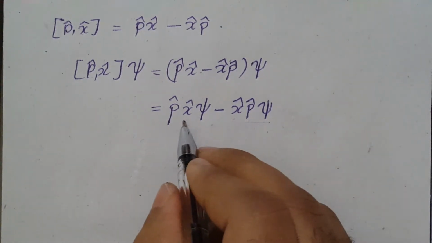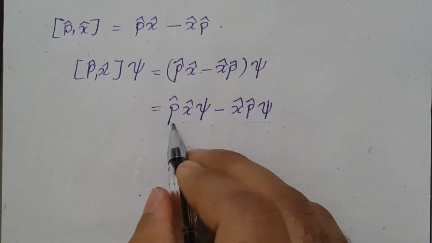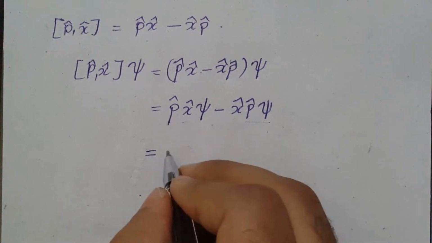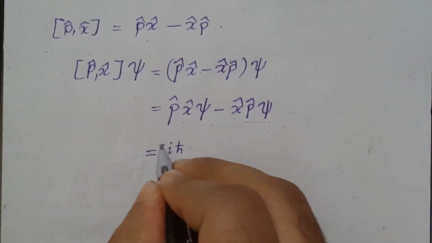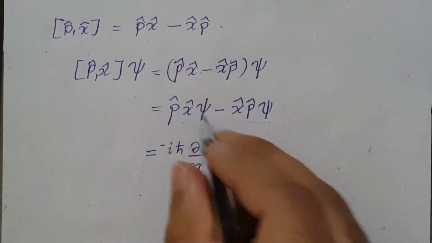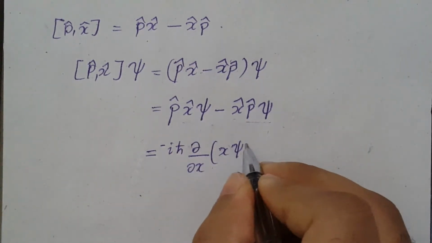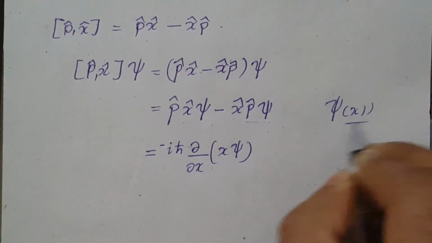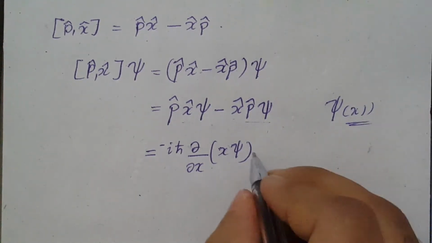So here we will write minus i h cut dou by dou x of x psi, since x cap psi is just x psi. Note that psi is only a function of x, because we are talking about 1D.